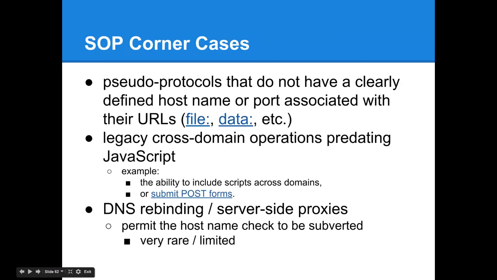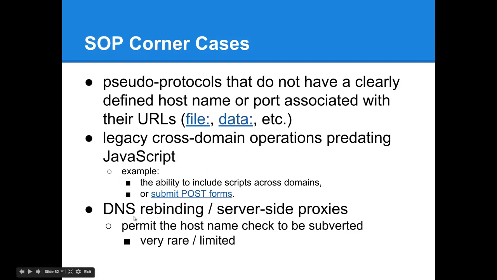And there are other corner cases. Pseudo protocols like JSON can implement their own weird things, and sometimes they don't necessarily have clearly defined host names or port numbers associated with their URLs, which will confuse SOP. Legacy cross-domain operations predating JavaScript, which is very, very rare, but post forms are included in this umbrella technically, though I haven't explored this, so this may be incorrect.